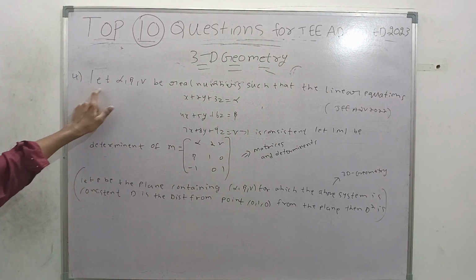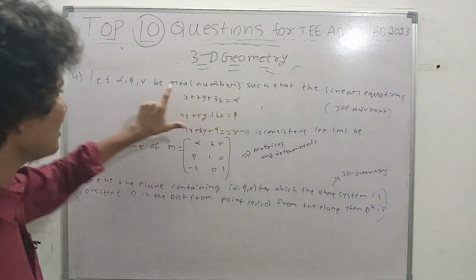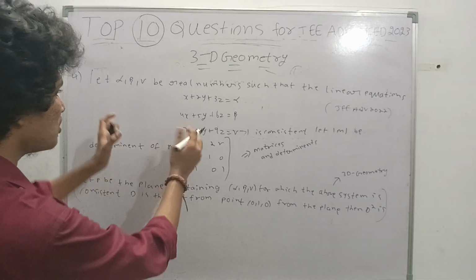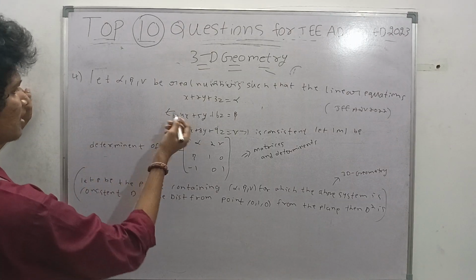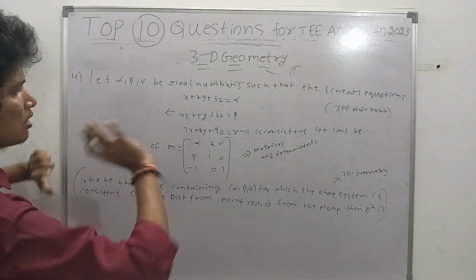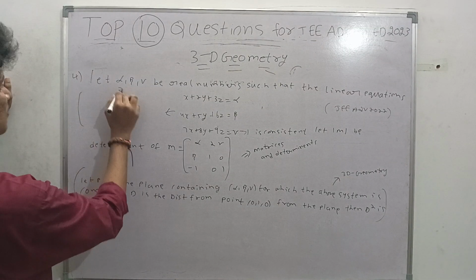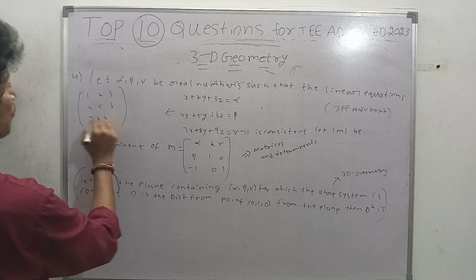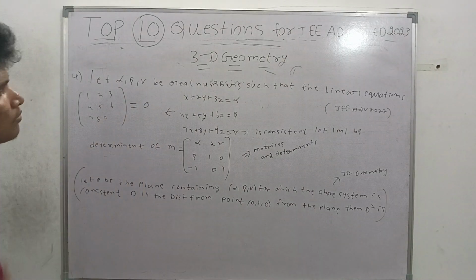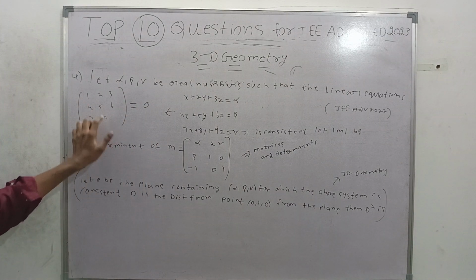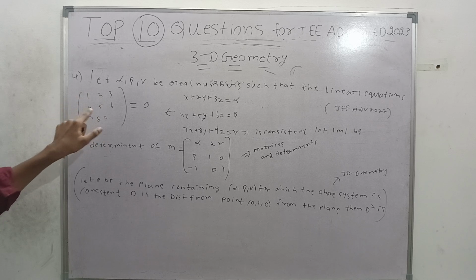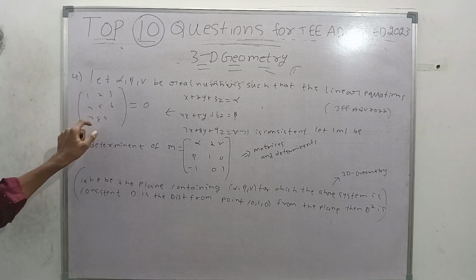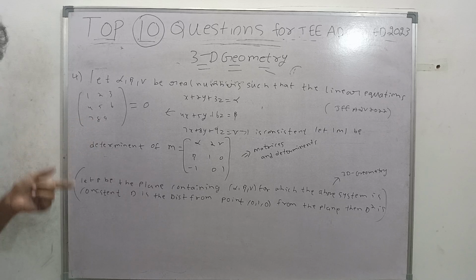First of all, alpha, beta, gamma are real numbers such that these linear equations are going to be consistent. In order to be consistent, what do we check? First we check the determinant of this. If you assume the coefficients 1 2 3, 4 5 6, 7 8 9, and find the determinant, it will be 0. You can check: 1 into 45 minus 48, minus 2 into 36 minus 42, and plus 3 into 32 minus 35. 32 minus 35 will be minus 3.